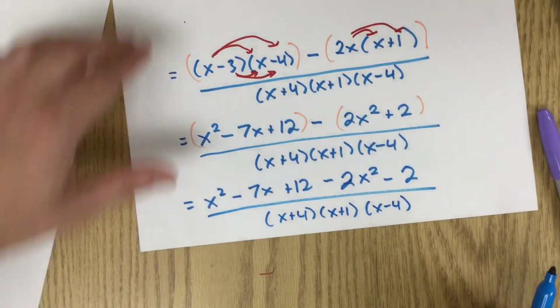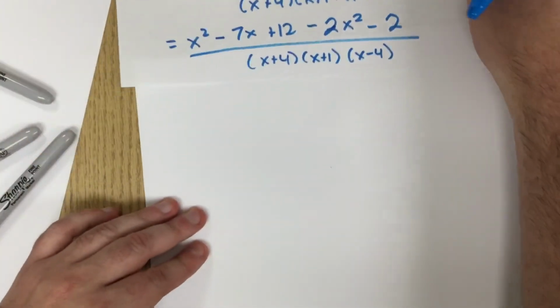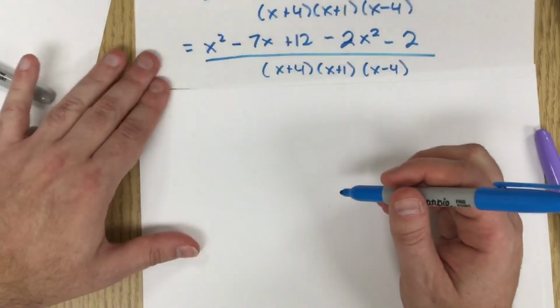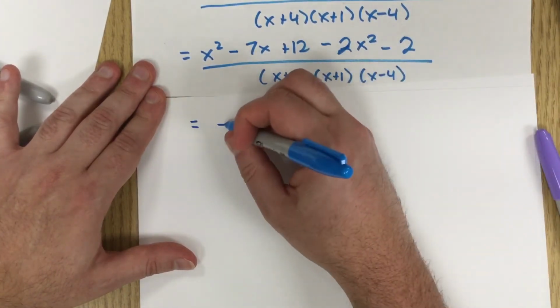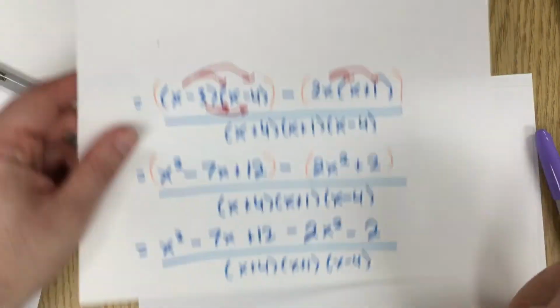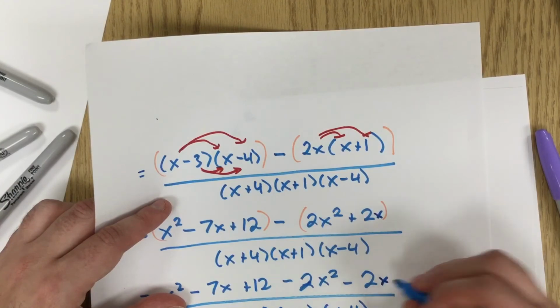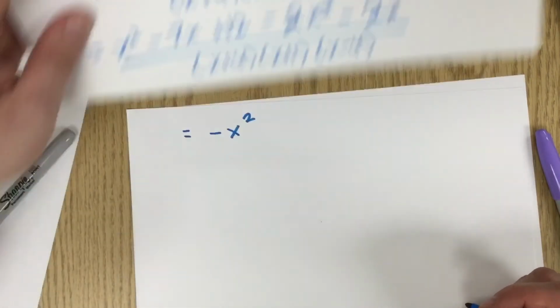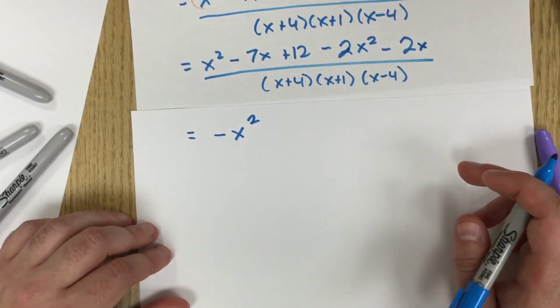We're going to have to go into the third page here, which is equal to x squared minus 2x squared is minus x squared. Oh, I made a mistake, didn't I? 2x times 1, that should be 2x. So that should be 2x. Still minus x squared. X squared minus 2x squared is minus x squared.